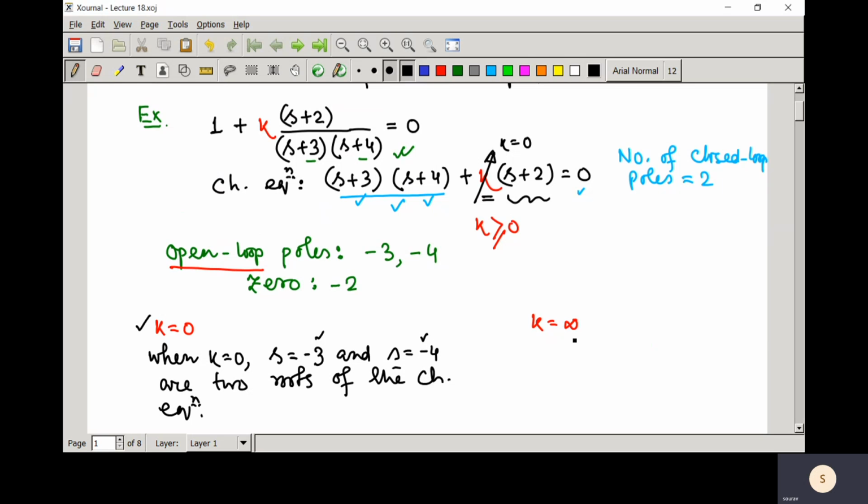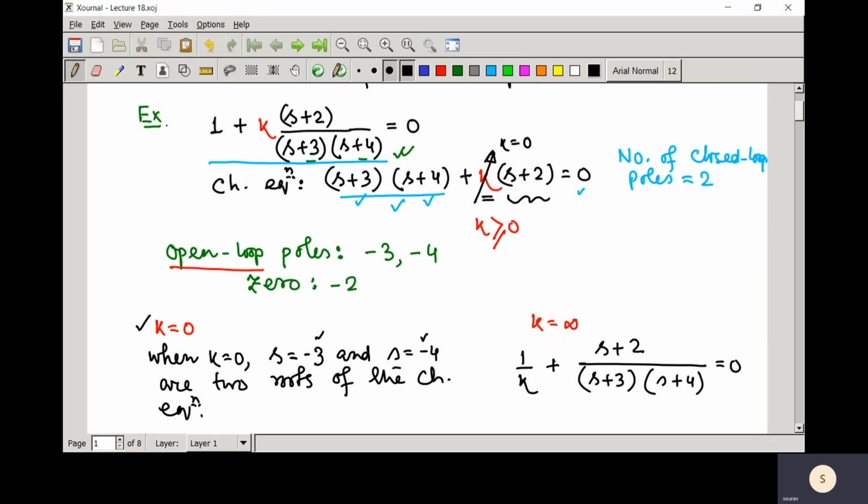Now let us see whenever K equals infinity. So we can represent this characteristic equation in this particular form that I am going to write. If we divide by K, that is 1/K equal to (s+2) divided by (s+3)(s+4) equal to 0.